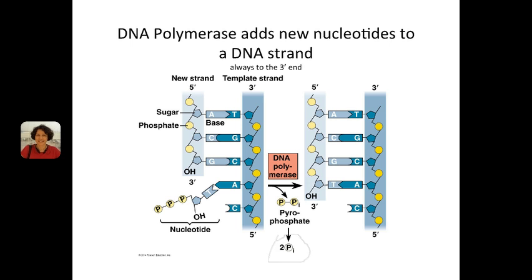So a mature nucleotide in a DNA molecule has only 1 phosphate group, but the precursor that is used to add a nucleotide has 3 phosphate groups, and we cleave off 2 of the phosphate groups to provide the energy for the reaction.